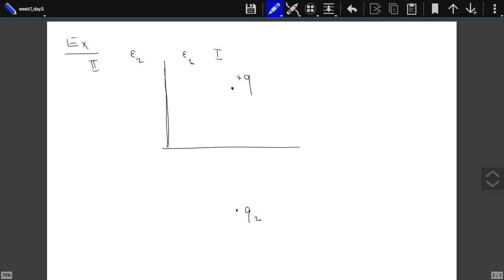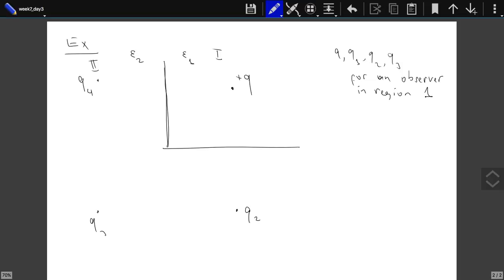This is Q2, Q3 and Q4. So we have Q, Q1, Q2, and Q3 for an observer in region 1.